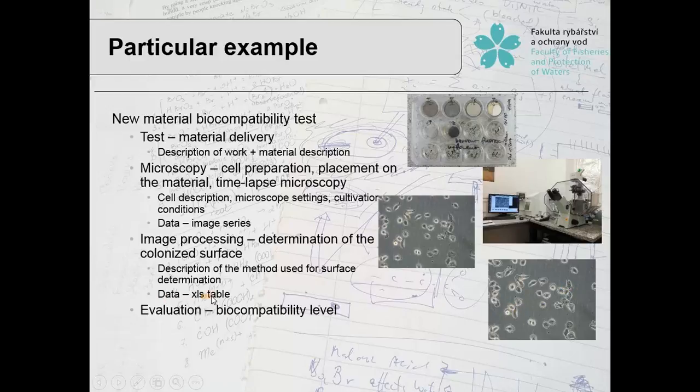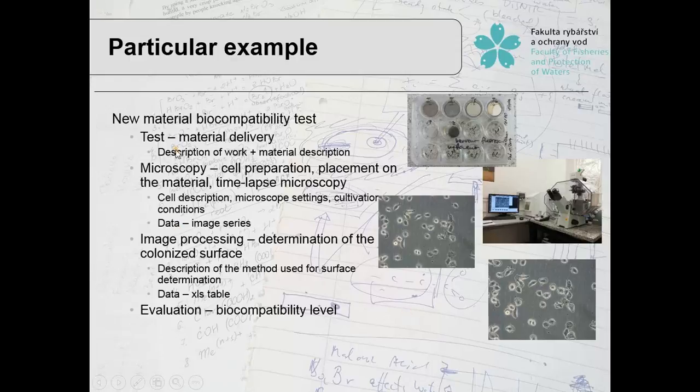The data here is some Excel file where we summarize everything we did with the cells. We calculate the area that the cells occupy in the image, and this is the information by which we can decide about the biocompatibility level. And this is the last step of the work, where we describe the biocompatibility level of the sample.